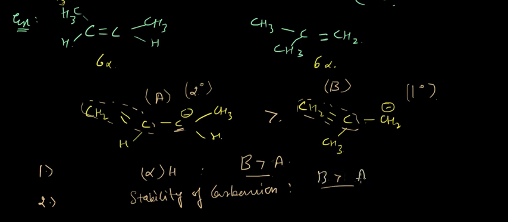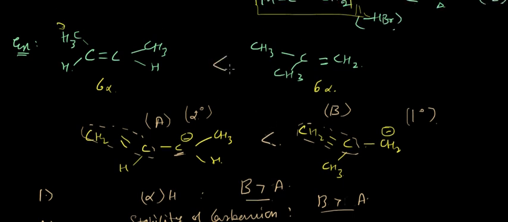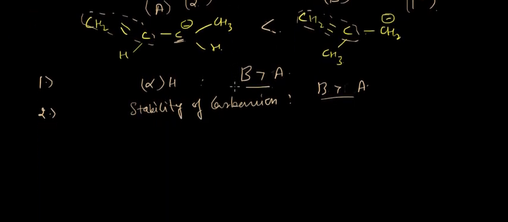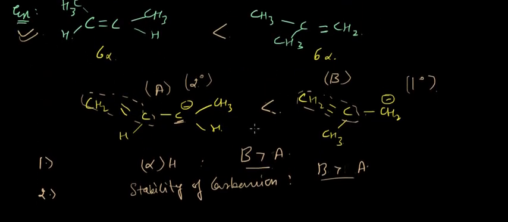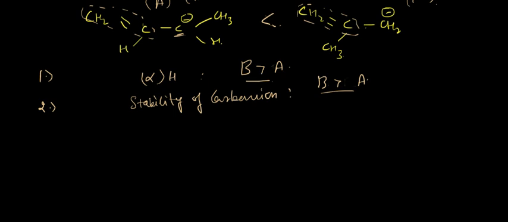Hence B would be more stable than A. The number of alpha hydrogens also in B is more than A, right? So hence the stability of 2-methyl propene is more than trans 2-butene. Okay, this is a good example. This was asked in some previous year papers as well.